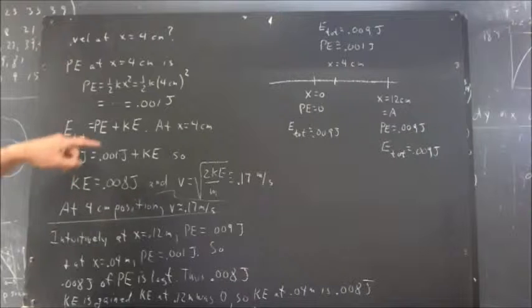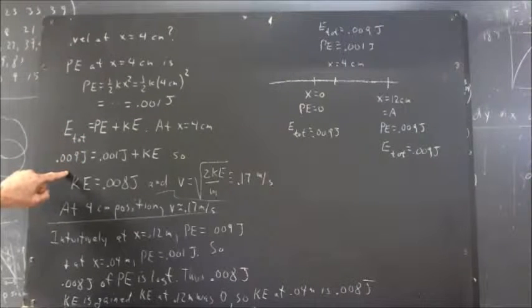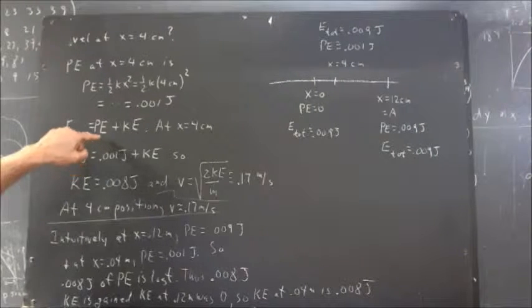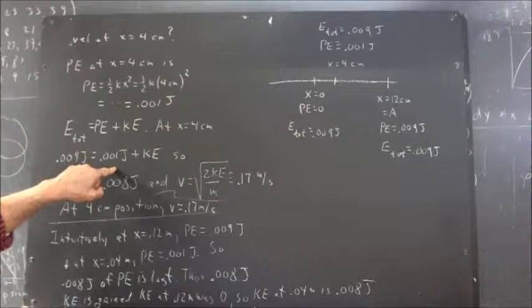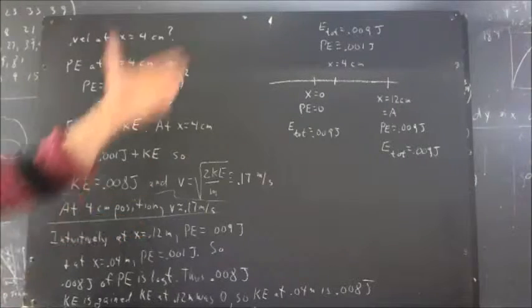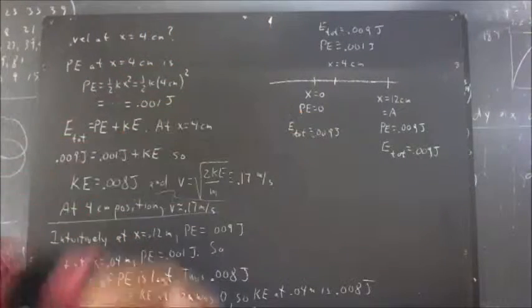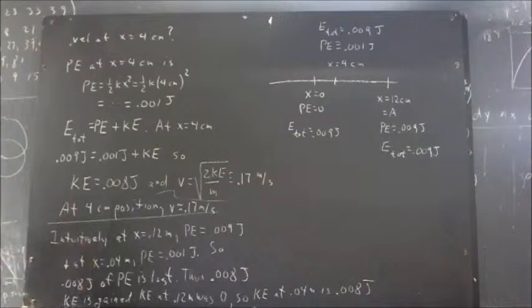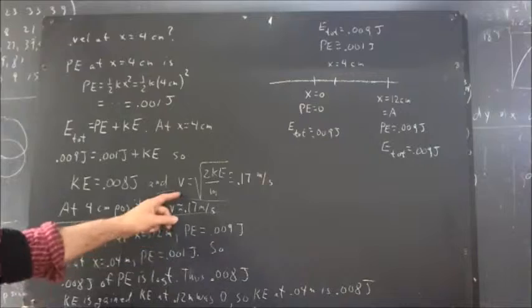That tells us then that the total energy, which is 0.009 joules, is equal to our 0.001 joule potential energy plus our kinetic energy. Formally, we can solve that equation, and we get what we get intuitively if we look at these numbers and understand them, that the kinetic energy is 0.008 joules.